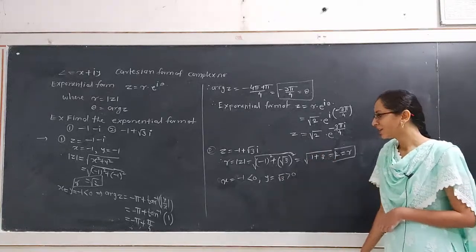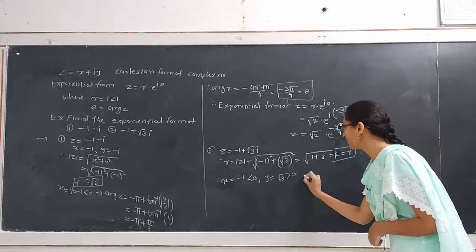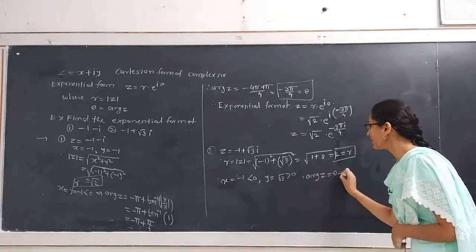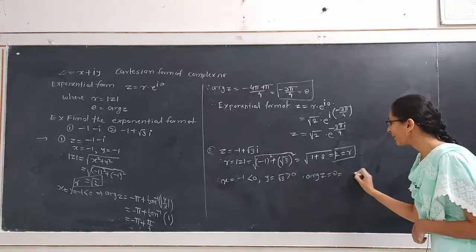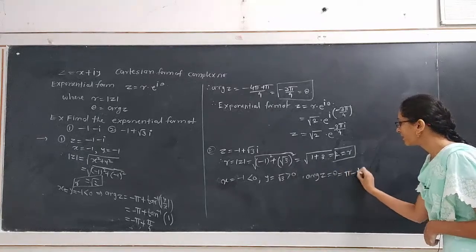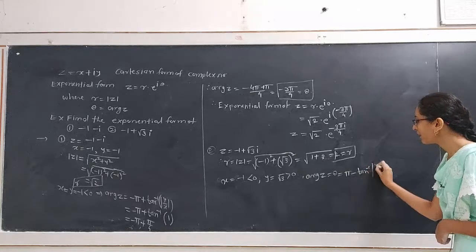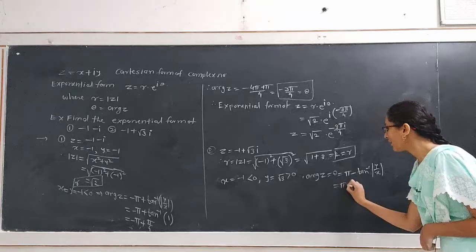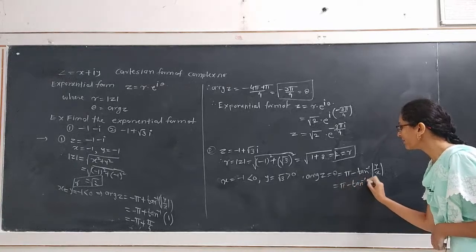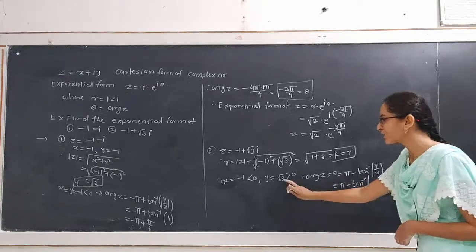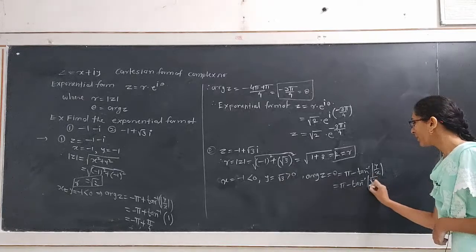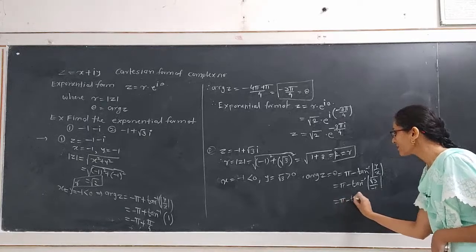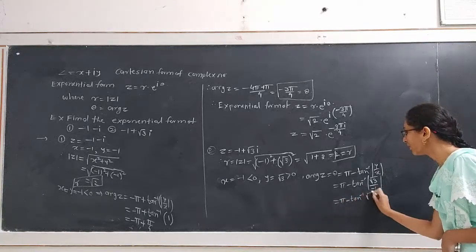In the second quadrant, the argument of z, that is theta, is calculated by the formula pi minus tan inverse of mod of y upon x, which is equal to pi minus tan inverse of mod of root 3 upon -1, which is equal to pi minus tan inverse of root 3.